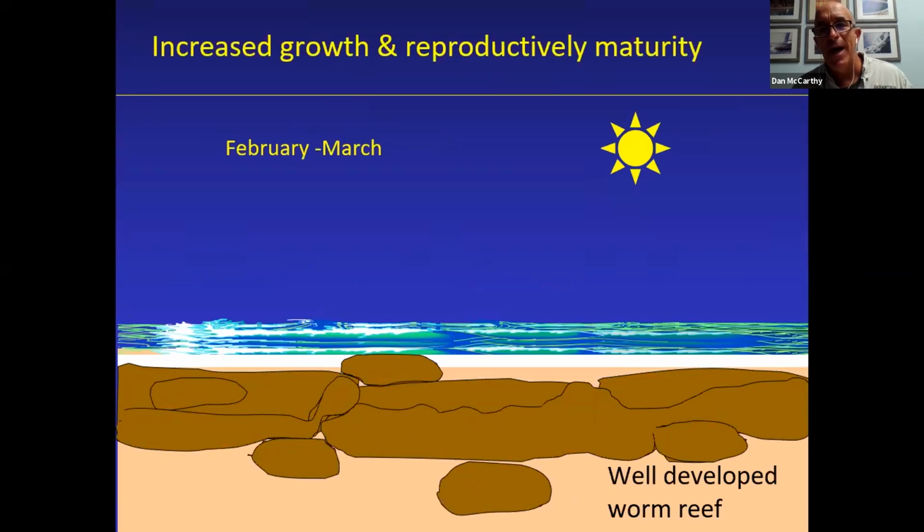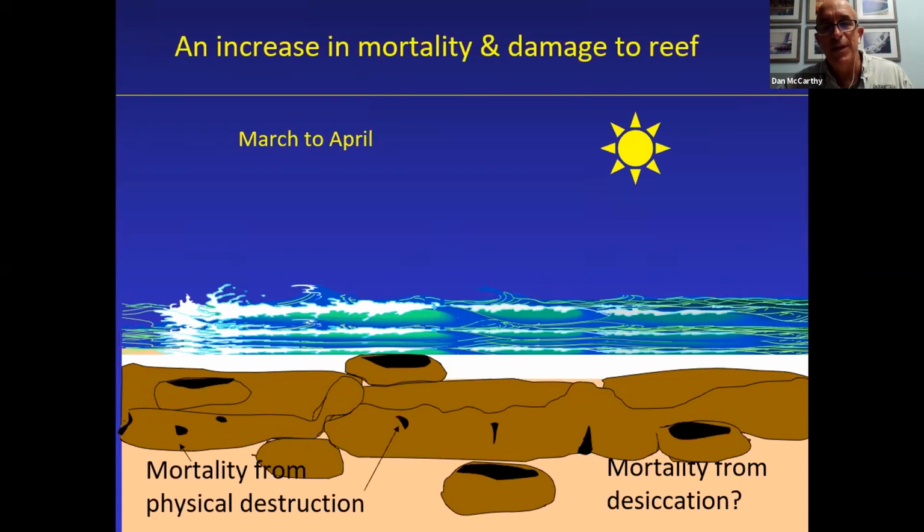They continue to grow out, but in some cases, like you see this mound in the center, they grow out like a mushroom and they grow too big, and then they become susceptible to wave activity. In some cases, they may grow out where they're getting less splash from the surf, and individuals in the mound die from desiccation.